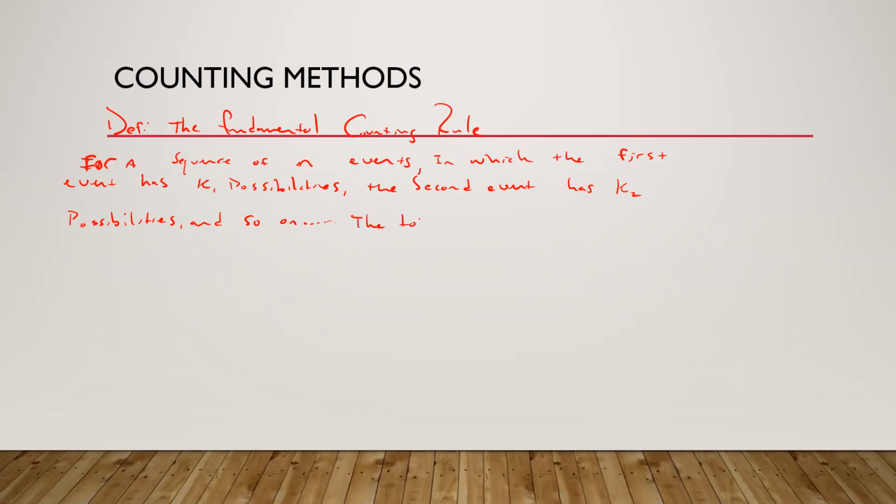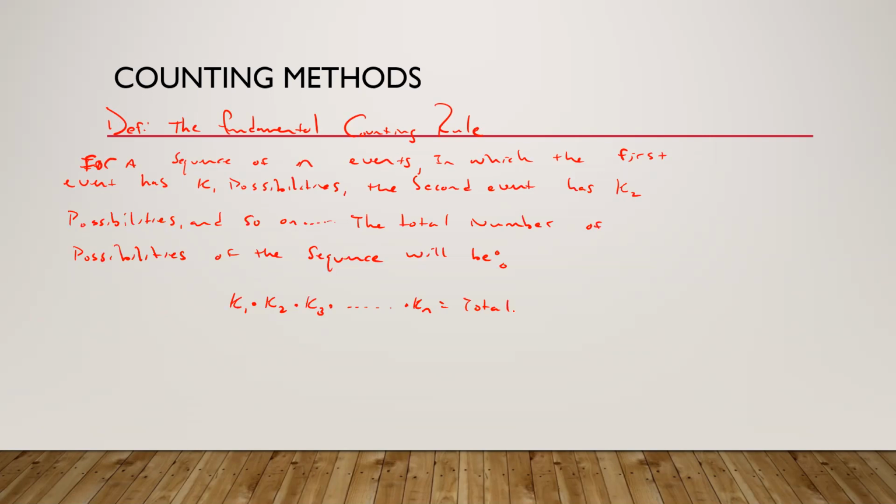The total number of possibilities for the sequence will be k1 times k2 times k3, all the way to the last, kn. That's it.